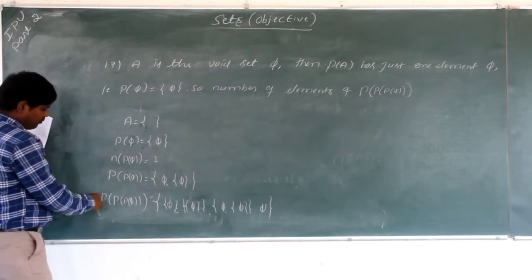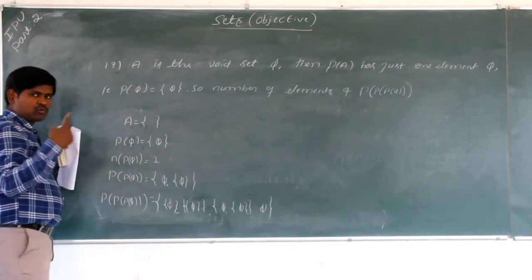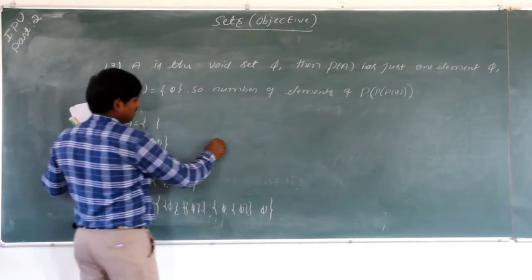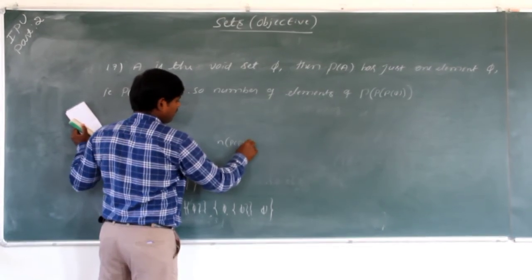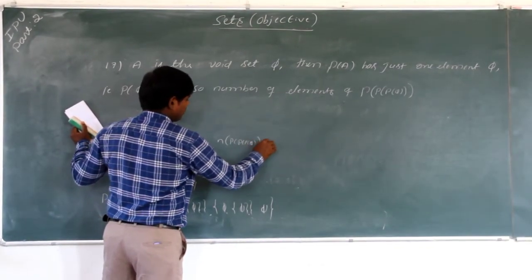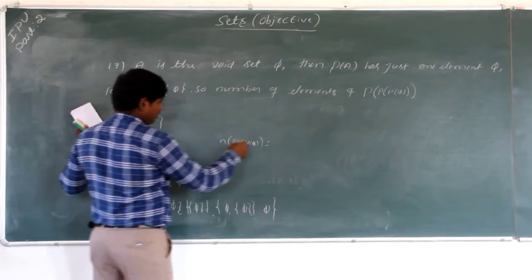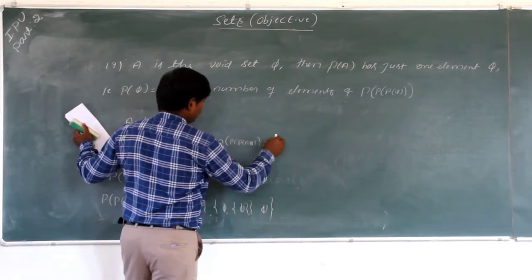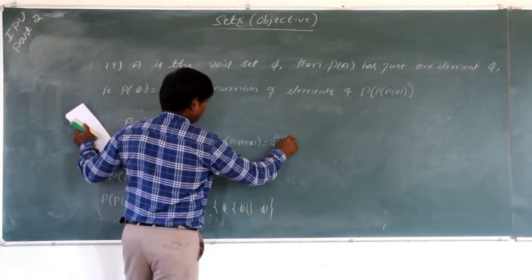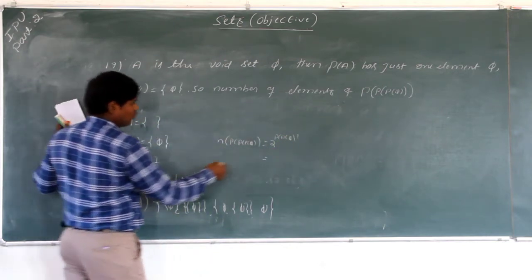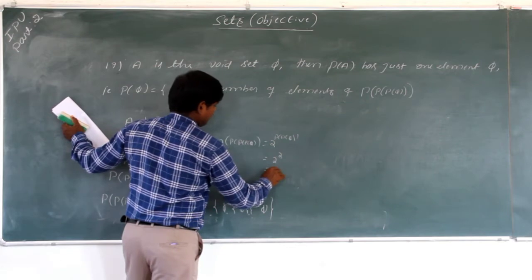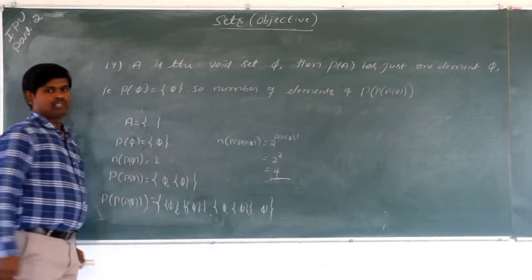Therefore n of P of A is nothing but 2 to the power of 2. Generally, n of P of the null set is 2 to the power of n of P of null set, and n of P of A is 2, so that is 2 to the power of 2, which is 4.